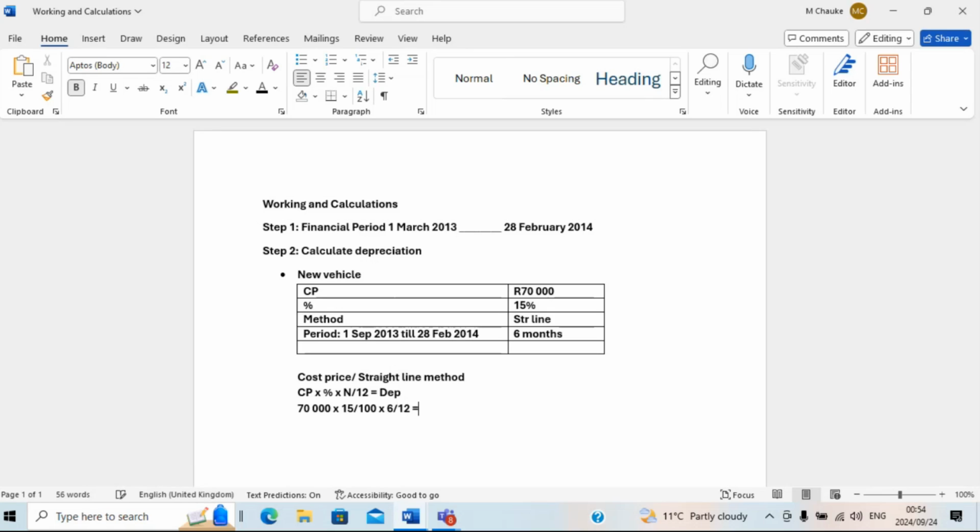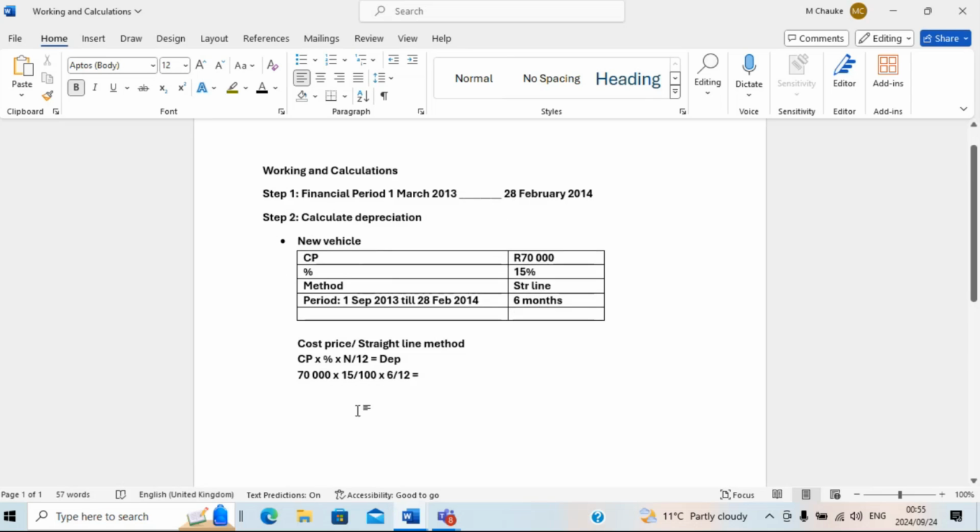How much is the depreciation right there? The depreciation is giving me 5,250. That is the depreciation for the new vehicle.